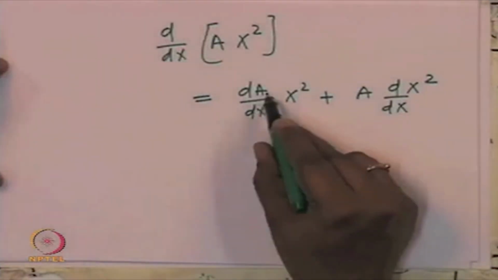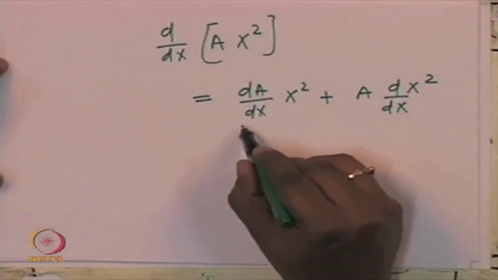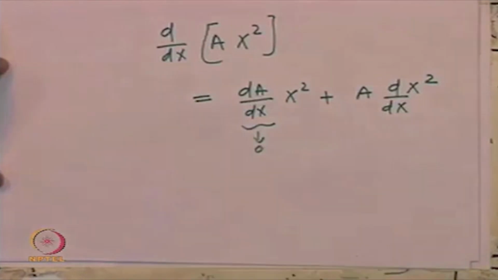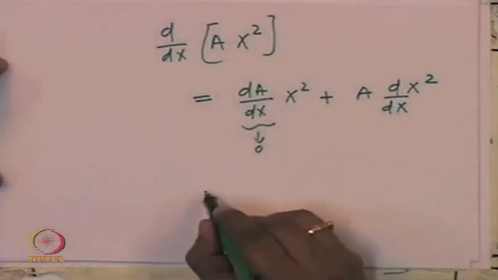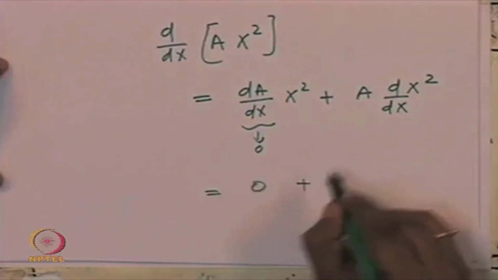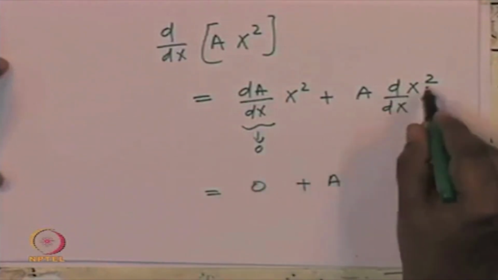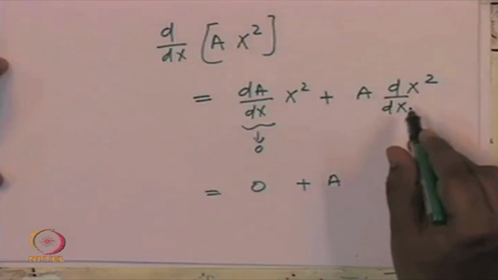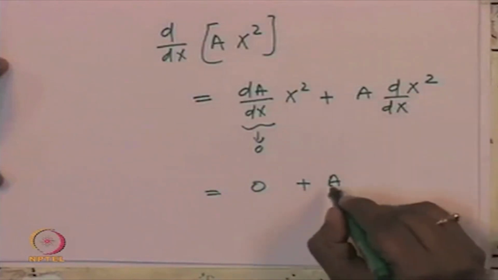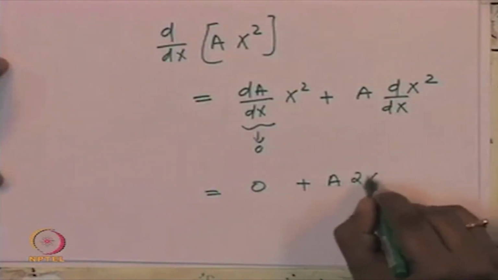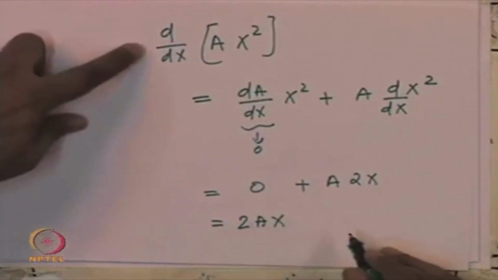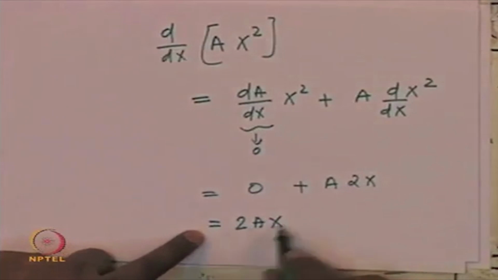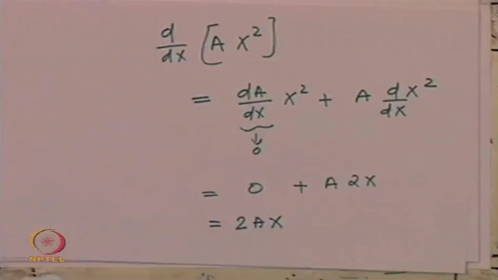As I said, a is a constant, so the derivative of a is 0. So, this term is 0, and 0 times anything is 0. So, the first one is 0 plus a times d by dx of x square, which is 2x. So, this is a times 2x, basically 2ax. So, d by dx of a x square is 2 times a times x.